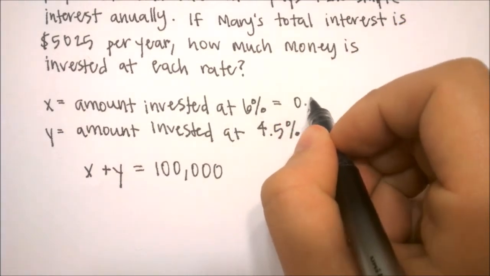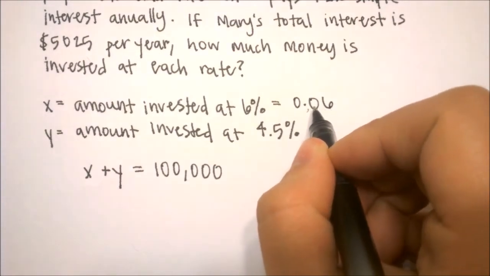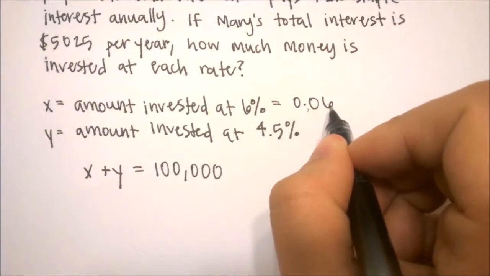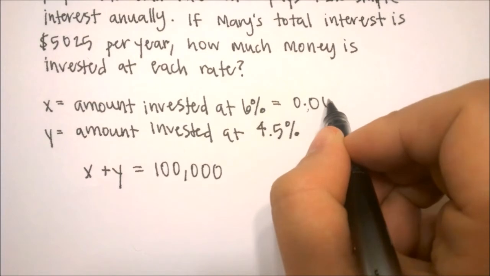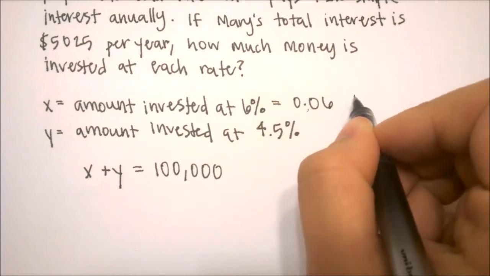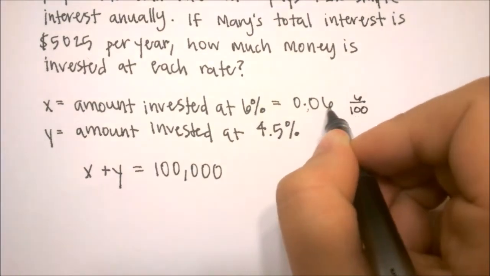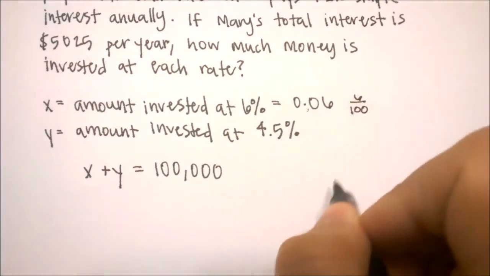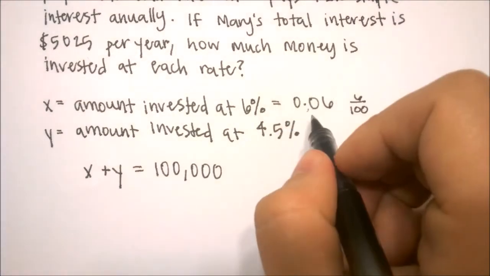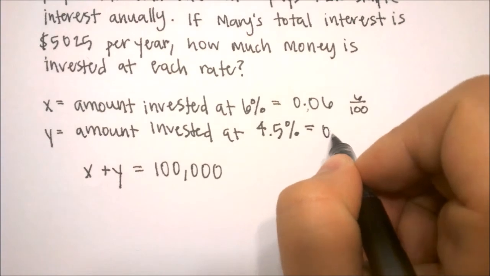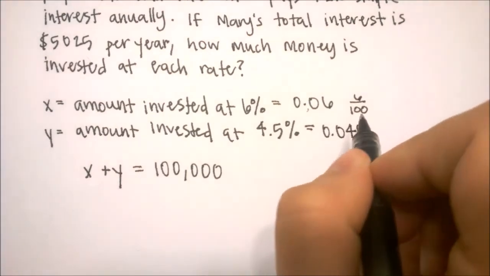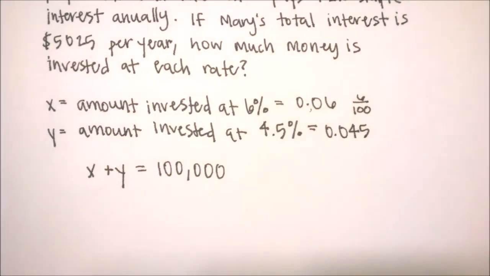So we can write this as 0.06. This is the tenths place, this is the hundredths place, so this is the same thing as saying 6 over 100. That's the hundredths place, if that makes sense. And we're going to do the same thing with 4.5. So this is 0.045. We just moved the decimal place over two.